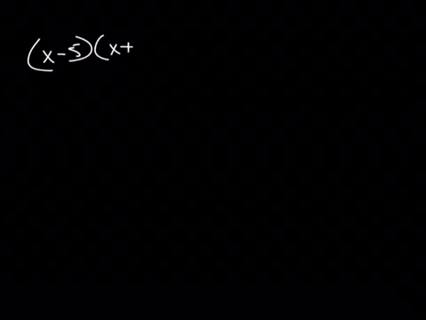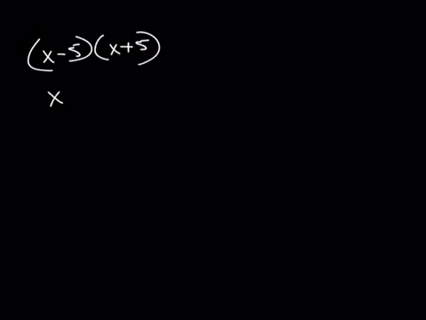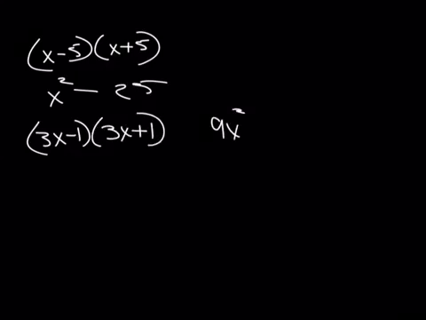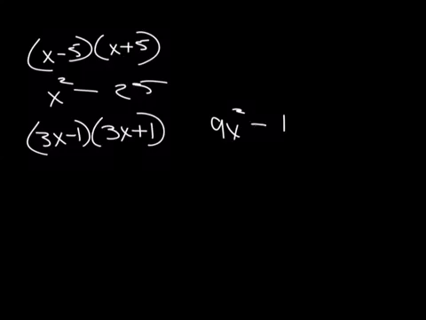So if we have something like x minus 5 times x plus 5, square the first term, square the second term, put a minus sign. You're done. If I have 3x minus 1, 3x plus 1, square the first term, square the second term, put a minus sign.